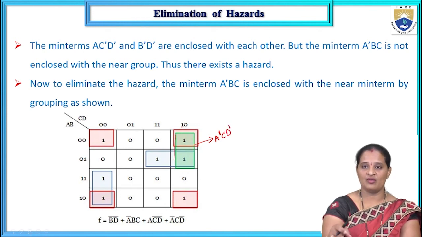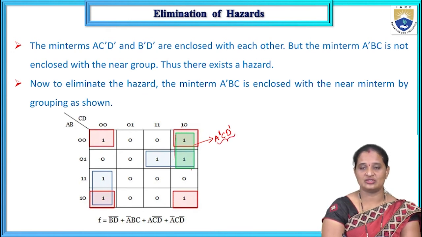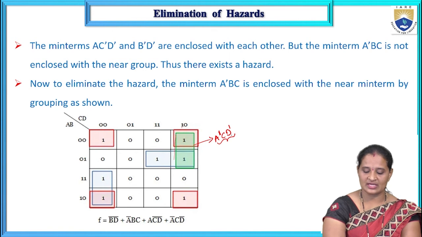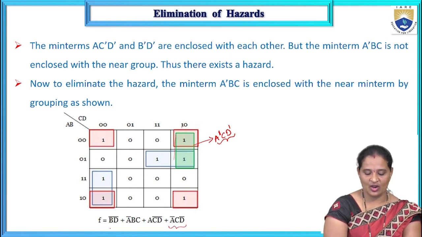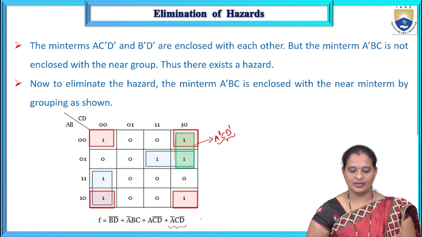So I want to add one extra term such that these two ones which are adjacent to each other are also enclosed together in order to eliminate the hazard. So this extra term is going to be added in the Boolean expression, and now the modified Boolean expression is this one: B bar D bar plus A bar B C plus A C bar D bar plus A bar C D bar. So this is a Boolean expression.